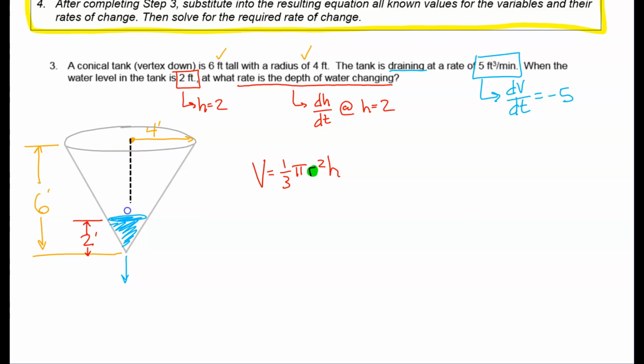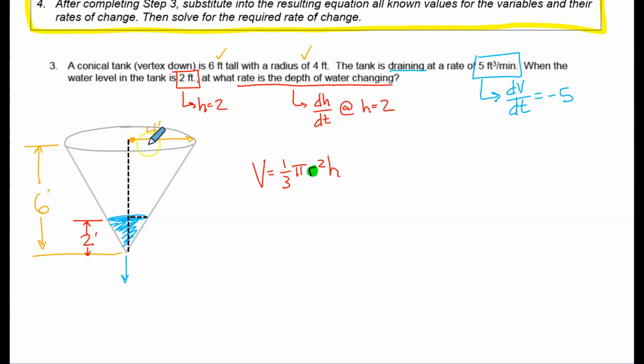And I want to highlight here, I'm going to go ahead and add some detail to this sketch. So there's my height, and then my radius is right here. Okay, so you'll notice, I don't want to get too geometric on here. There are a number of ways to relate h and r, but one way to do that is to look at similar triangles.